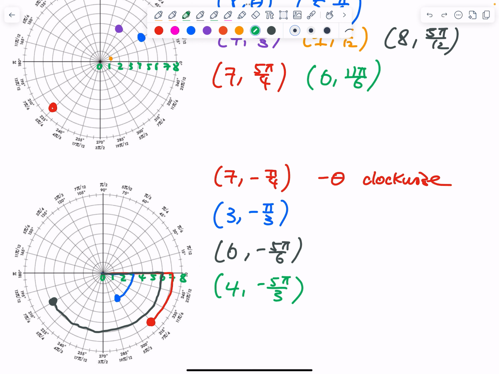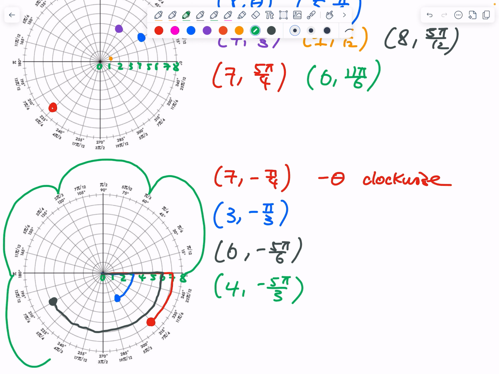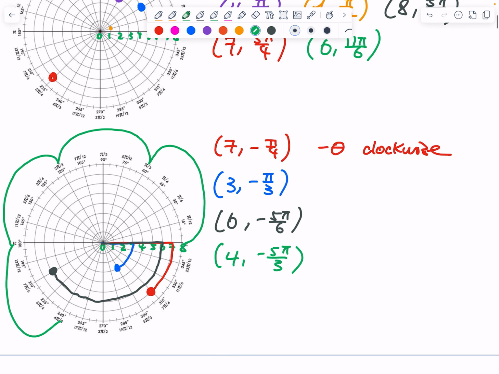Okay, hold on. Pi over 3 is 60 degrees. So that is a 60, 120, 180. That is a 3 pi over 3. 180 plus 60, 240. Here. 5 pi over 3 here.